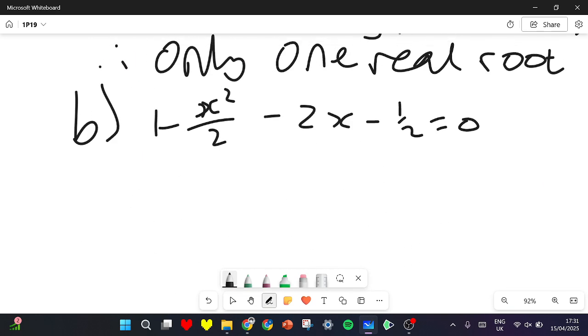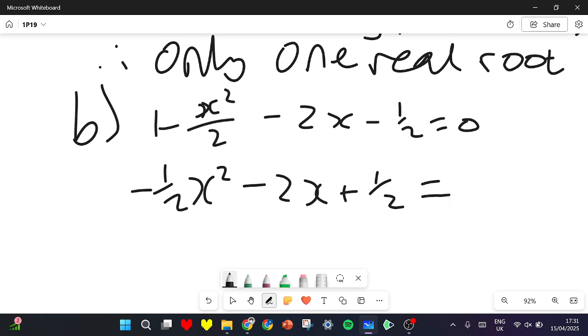Okay, and then just start rearranging. You can see that there's an x squared and an x, so you know you're going to have a quadratic, right? So you could either times everything by 2 or just leave that bit as minus a half x squared. And then you've got minus 2x, and then you have 1 minus a half, so that's plus a half equals 0.